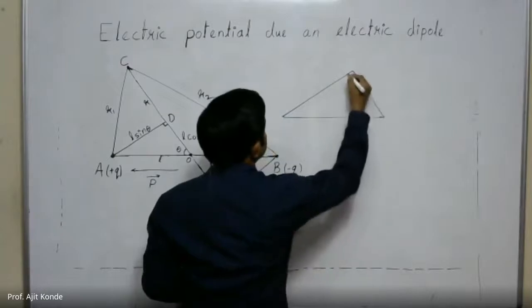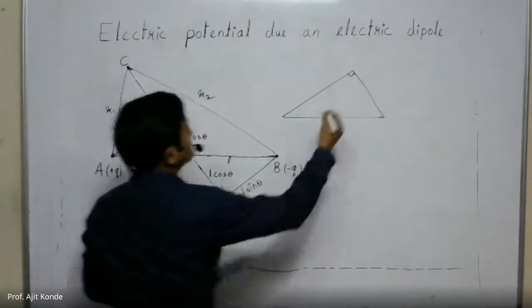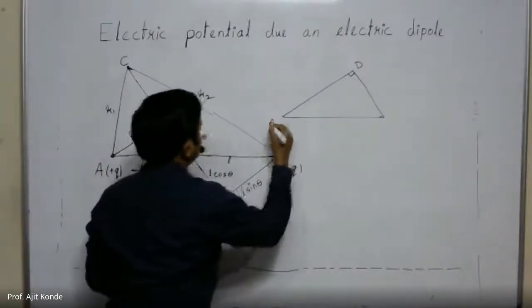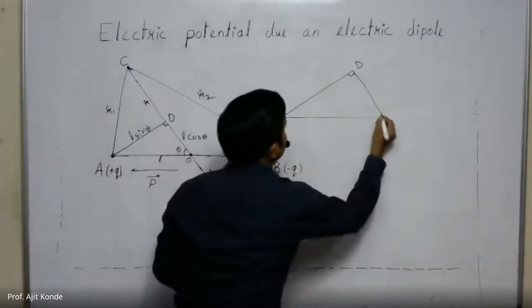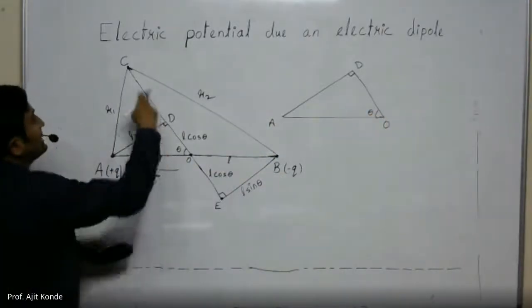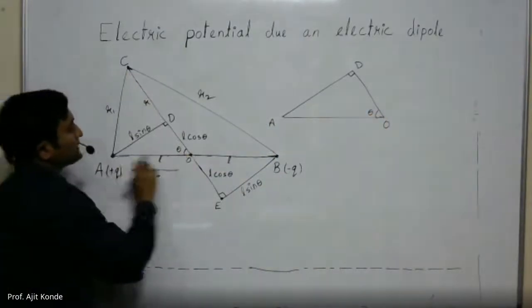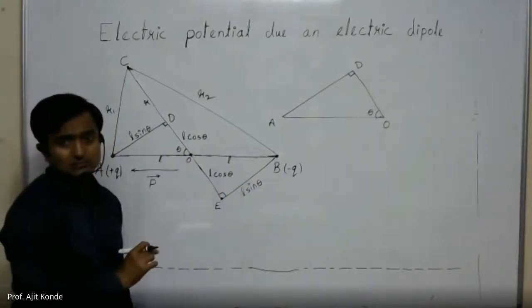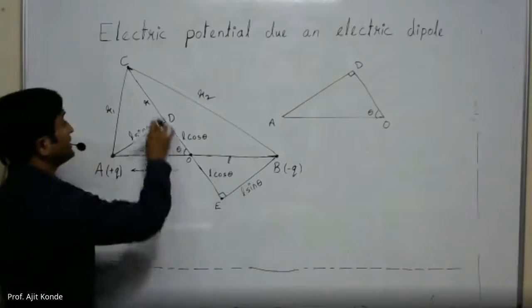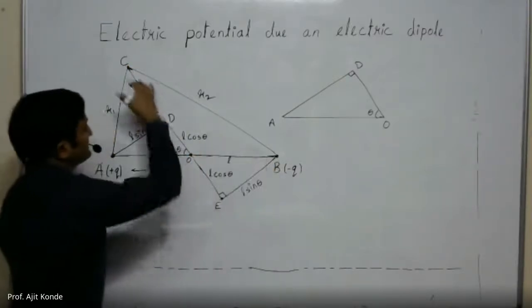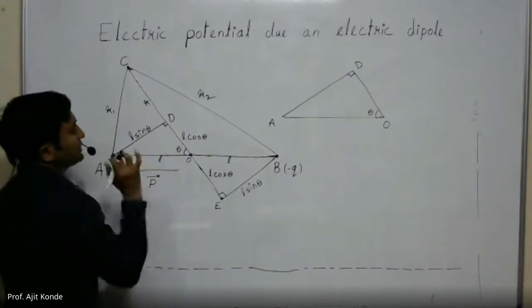This is a perpendicular, this point is D. This is A, this one is O, and this angle is theta. The angle made by this line CO with AB is called theta.